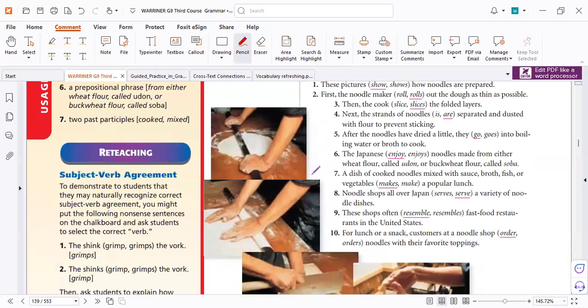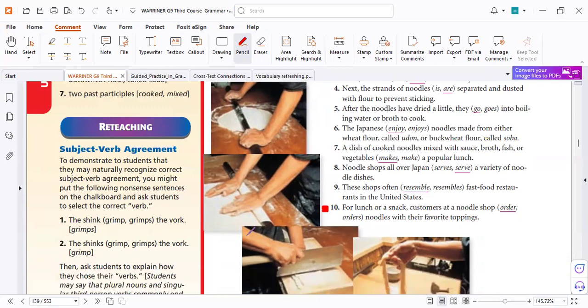Of course, we have some exercises and we need to guess together. Where is the subject in number 10? Try, John. Lunch or a snack. Customers. These customers. Right?